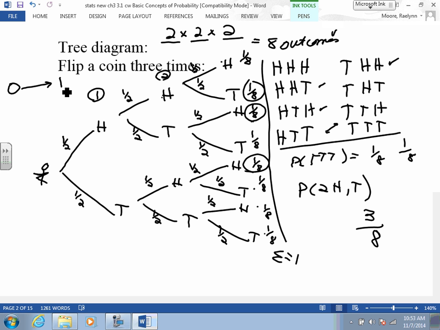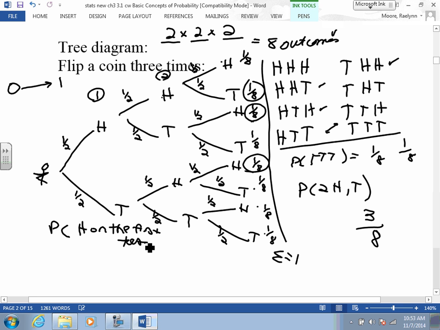Okay, so here's your coin, and we flipped it 3 times. We got 8 outcomes, and we can see each outcome. From your outcome space, your sample space, what is the probability that I will get a heads on the first toss? One half. Doesn't that happen 1/2 of the time? And see how that was a nice way to break up your sample space?